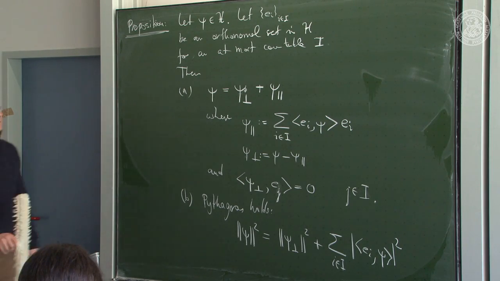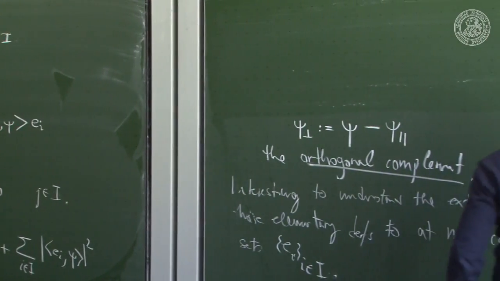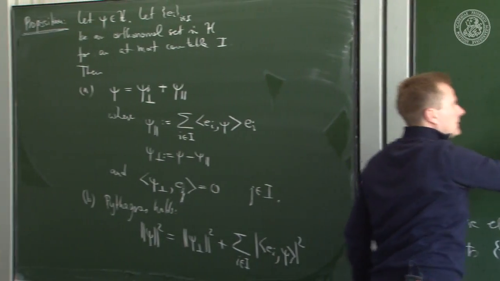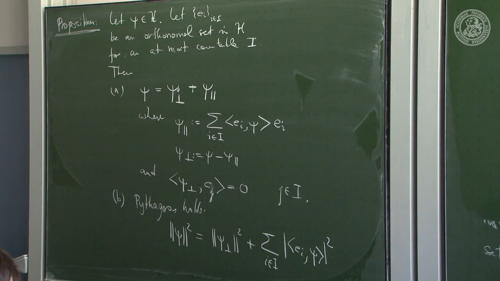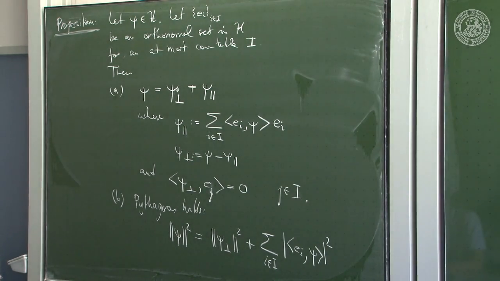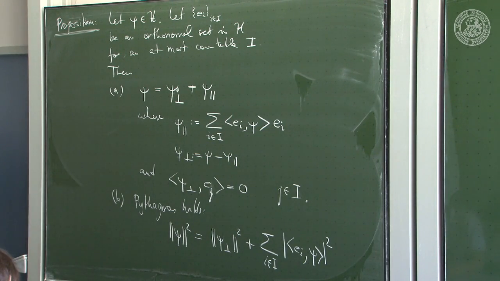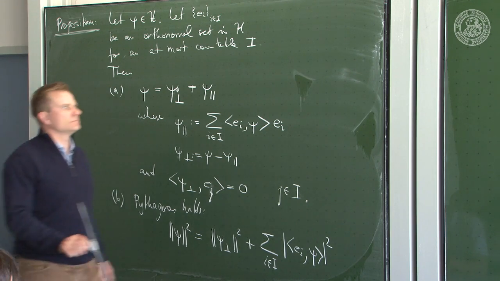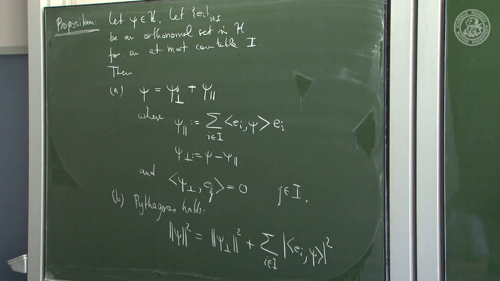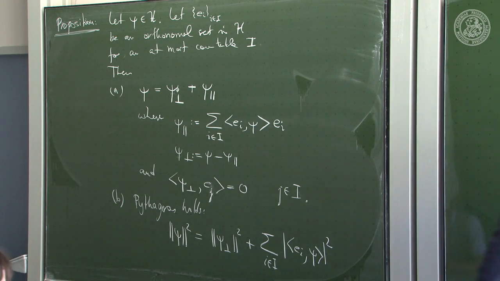Now, moreover, there is a useful characterization of the parallel component of the projection to this set E. So that's the third part of this proposition.